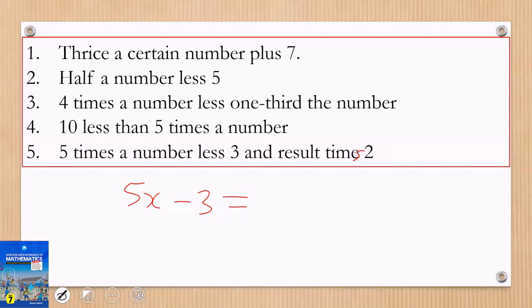Sorry, we should take away the equal sign. So it should be like this: 5 times a number less 3, and the result times 2. So everything here times 2. All right, so that becomes our answer.